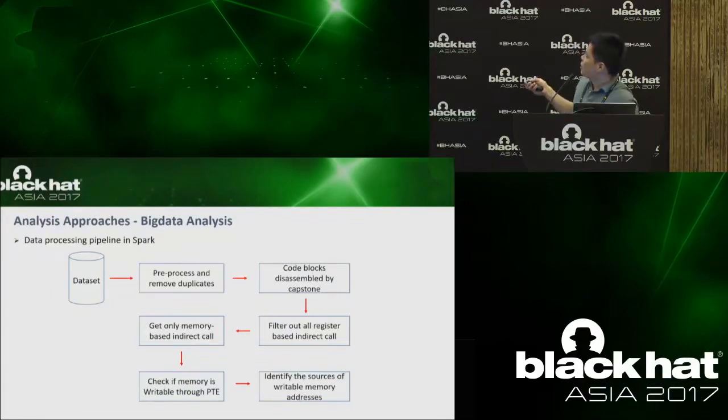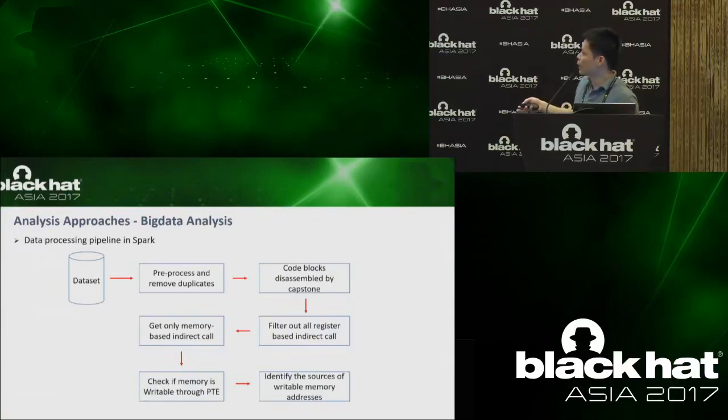After that, the code blocks we collected from the from address and from the to address are disassembled by Capstone. The purpose of this is to filter out all the register-based indirect calls, because we are only interested in memory-based indirect calls. After that, we check if the memory is writable through its PTE.